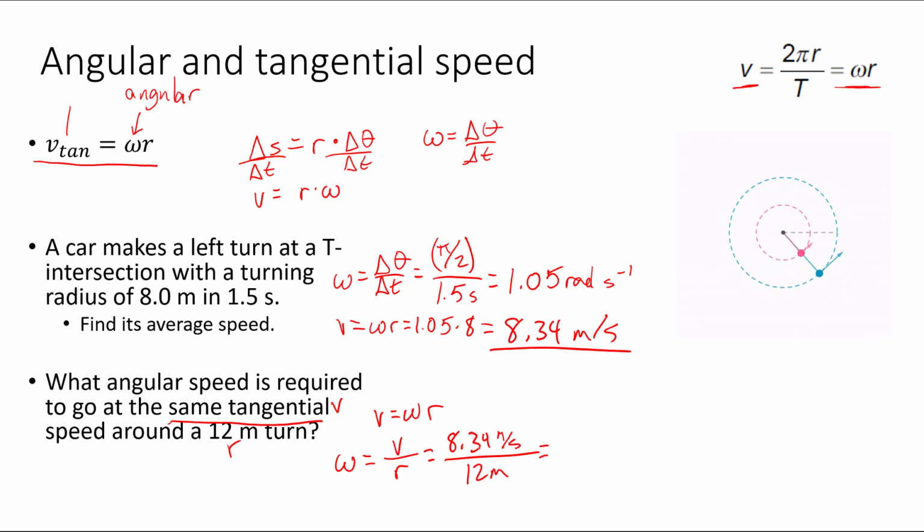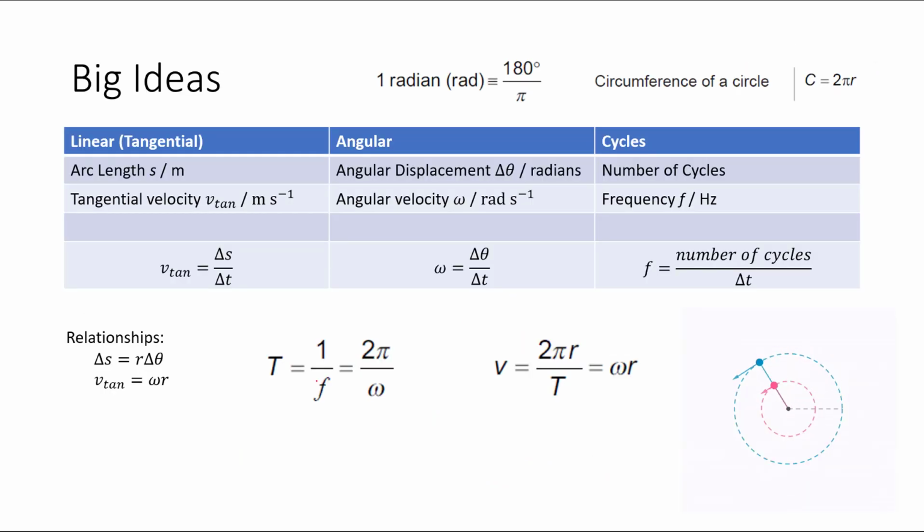So 8.34 over 12 gives me 0.698. Meters per second over meters gives nothing per second, but we just need to know that that's radians, a dimensionless unit. So at the same speed, a bigger r gave us a smaller angular velocity. And that's all. Angular speed, angular velocity. Bye.